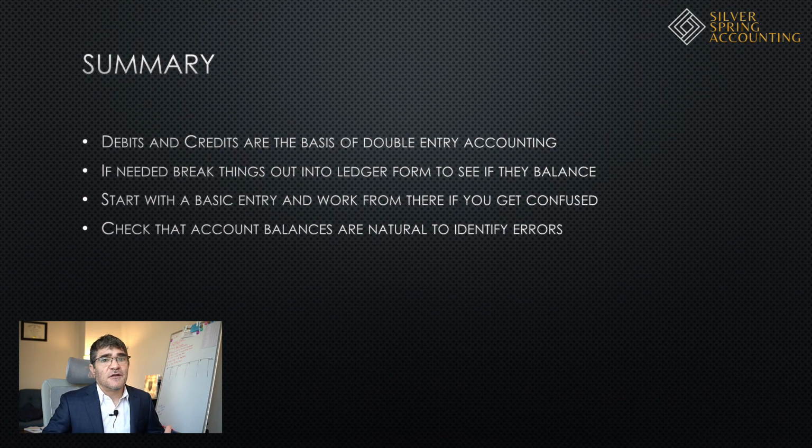Sometimes we try and consolidate a large amount of information into a single entry. And sometimes, if we've got a huge entry, it might just be easier to make multiple entries. It might take a couple extra minutes, but it could prevent you from making a mistake. And then finally, just check the account balances to see that they're natural.